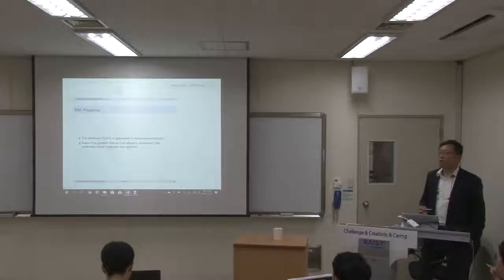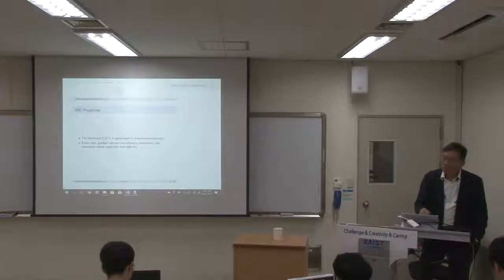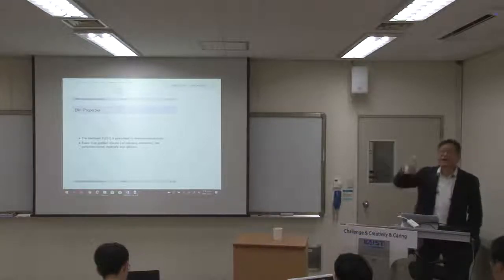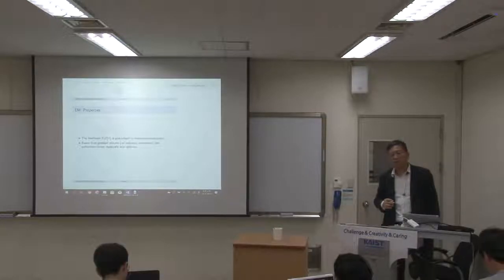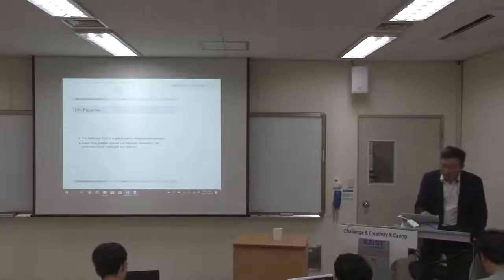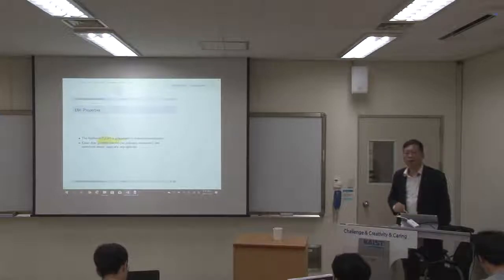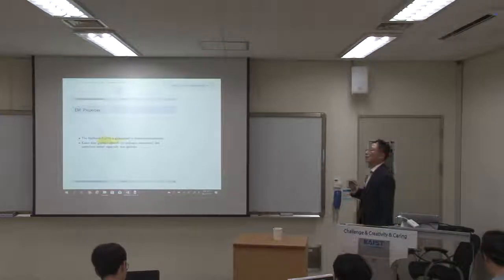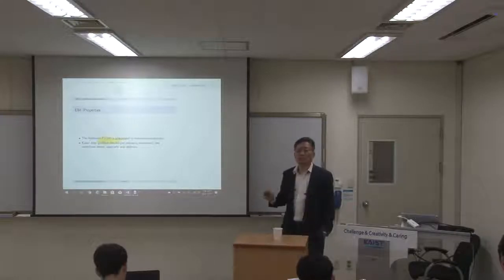There are some properties associated with EM. It's an iterative algorithm. You initialize, and then you update your parameter theta. Every time you update, the likelihood increases monotonically, meaning that it increases or stays the same.